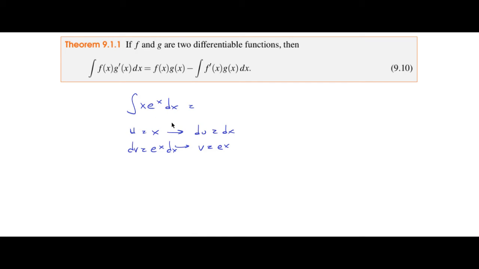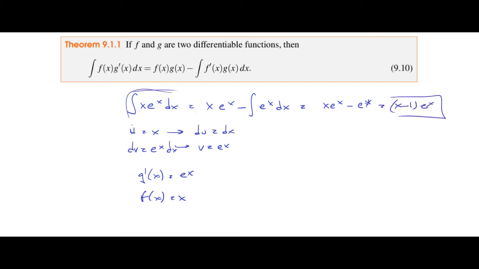In other words, g prime is e to the x, f is x, and then applying the formula, you have x times e to the x minus the primitive of the derivative of x, which is 1, times e to the x dx. The primitive of this is e to the x, so you have x e to the x minus e to the x, or in other words, x minus 1 times e to the x, plus c, a constant.